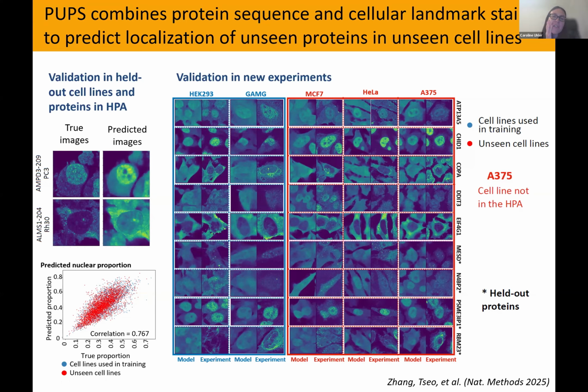And so now what do you use this for? Well, you can use it to predict protein localizations in particular cells you care about. You can answer questions that you couldn't without models like this, like what are the proteins that are most variable across cell lines in their localization?